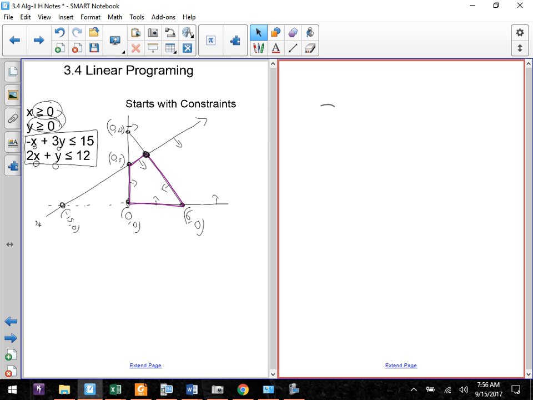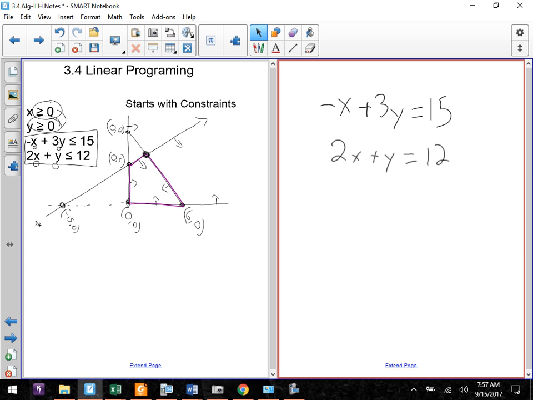So I have negative x plus 3y is 15, and then 2x plus y is 12. Now you have to make a decision on how you want to solve that problem. You can do linear combinations, eliminations, substitutions, whichever you like.